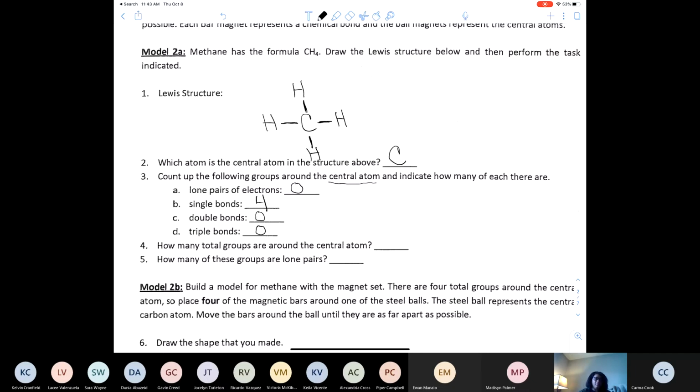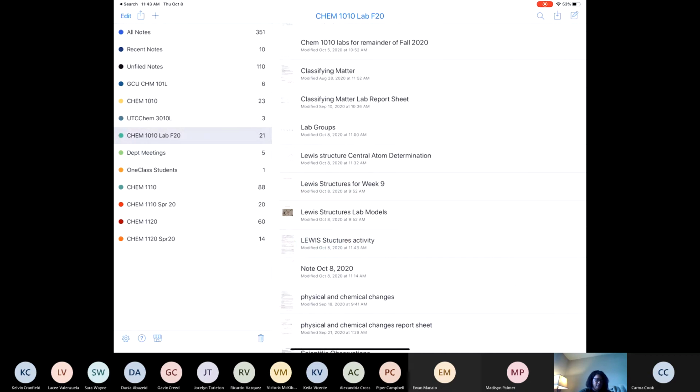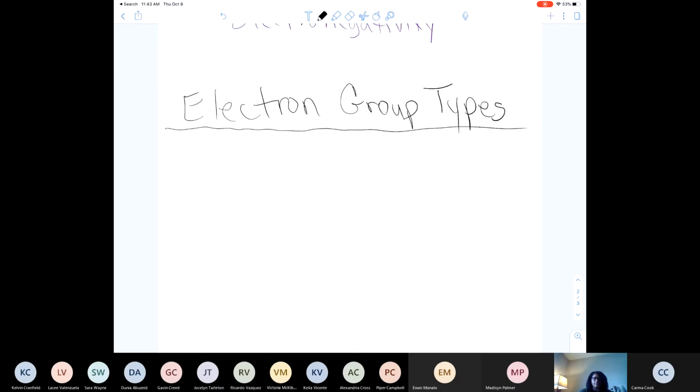So now let's talk about electron group types. When you're asked about how many electron groups are around a central atom, there are different types of electron groups.